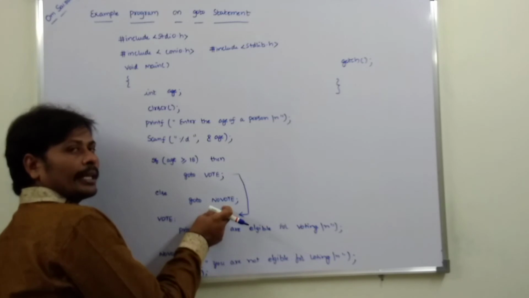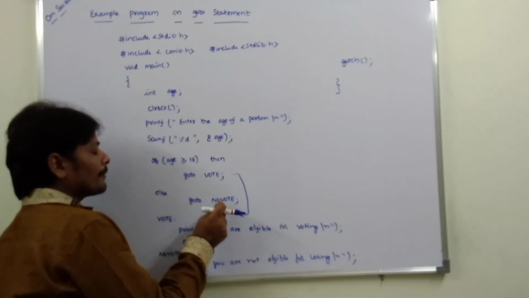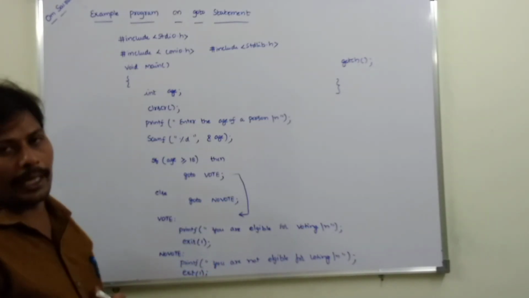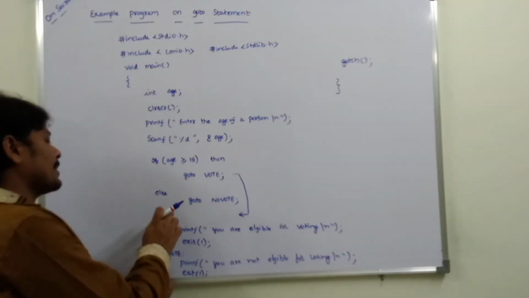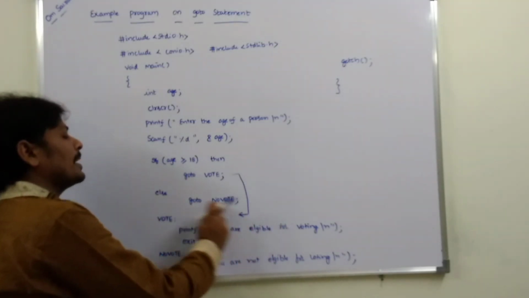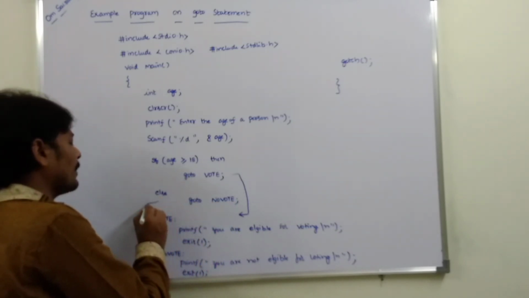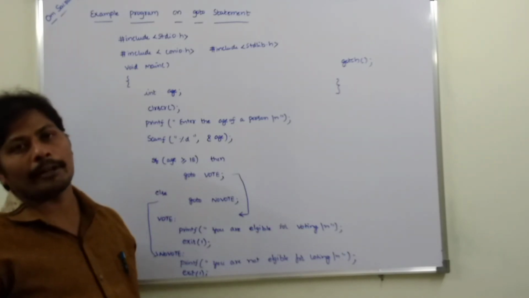Whenever this statement occurs, the program control is transferred from this statement to the novote label statement. Whatever statements come after this are skipped, and the control is transferred from this statement to this statement. This is also a forward jump.